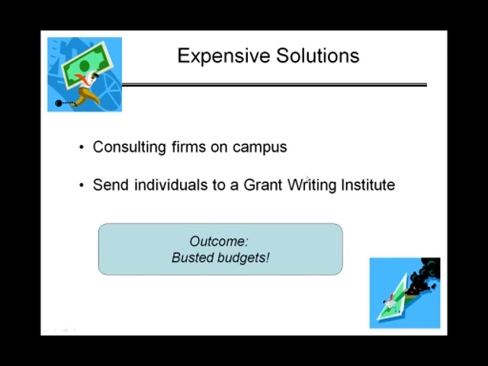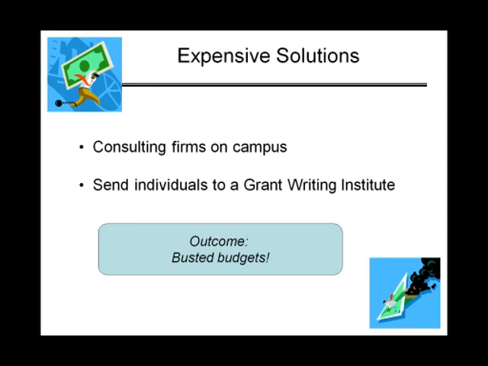An even more expensive option is sending individual faculty members to a central area to sit in on a workshop, seminar, or grant writing institute. I've gotten feedback from researchers who have done this, and a good part of the feedback has not been positive from academic researchers.